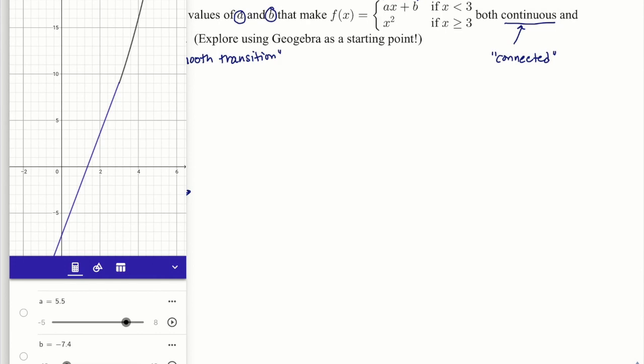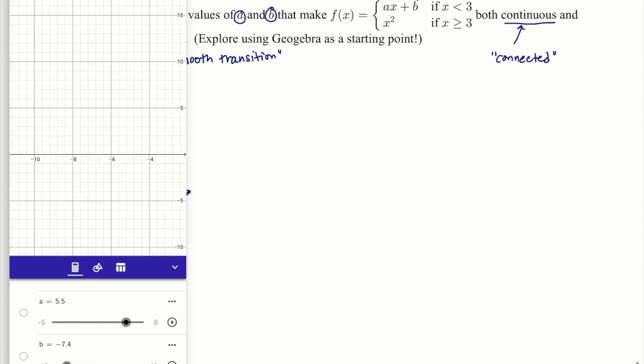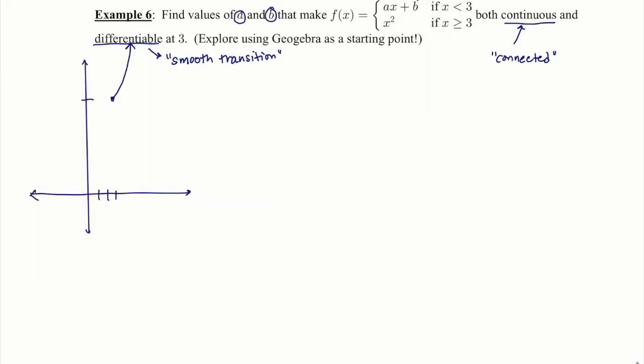I want continuous, and that's going to involve getting the right y-intercept so that those two connect. And then I want this to be a smooth transition, and that's going to depend on the slope. So let me try to get rid of this GeoGebra. For connected, I need the two branches to match.